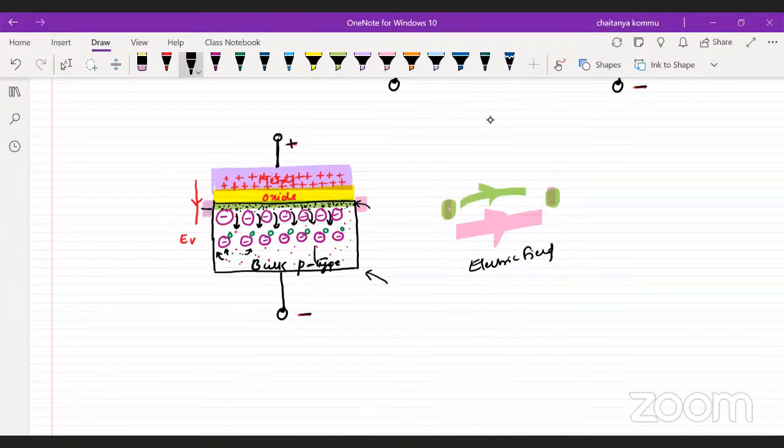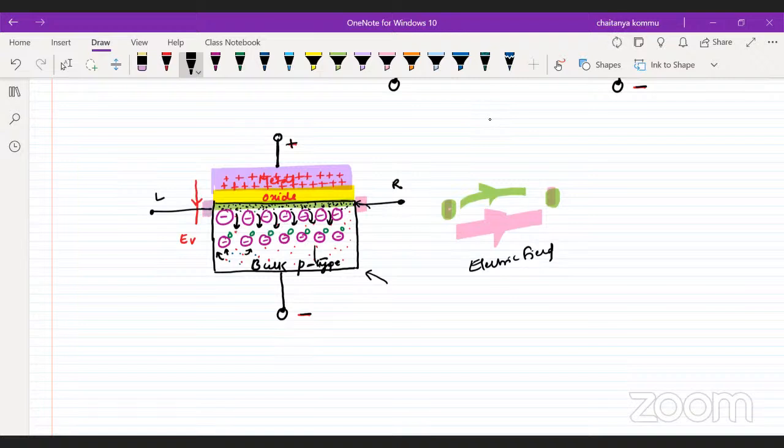So one electric field that we have applied is from the bottom to the top plate. Now another electric field that we are applying is between these two. If you want to move a carrier from the left side to the right side, for example, how will the current flow?